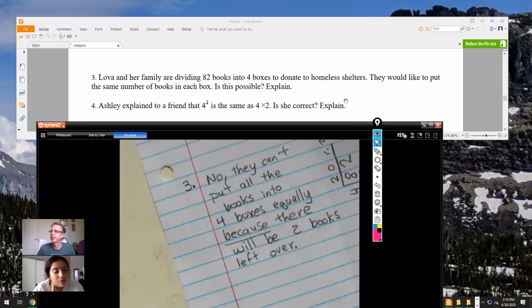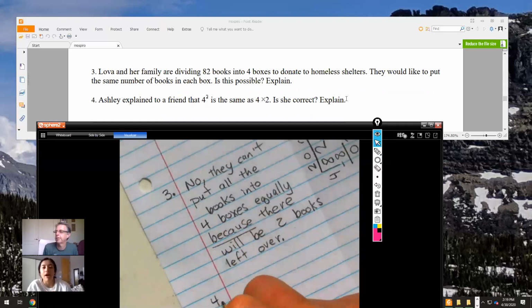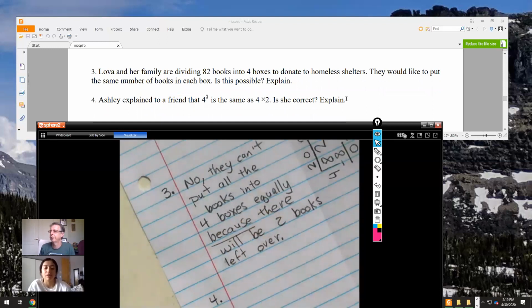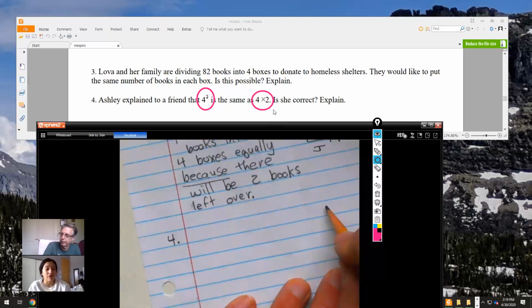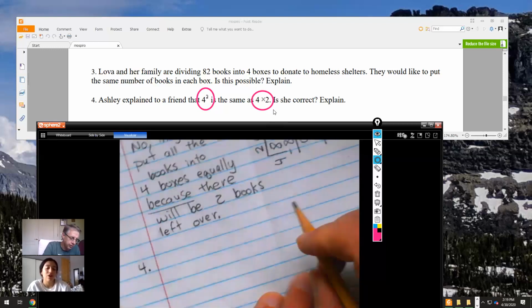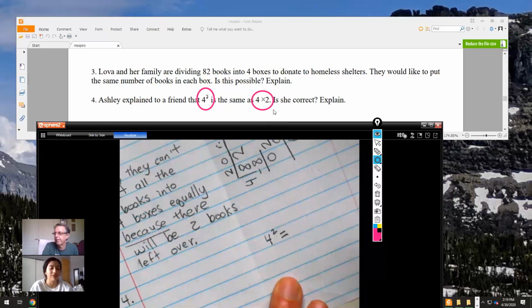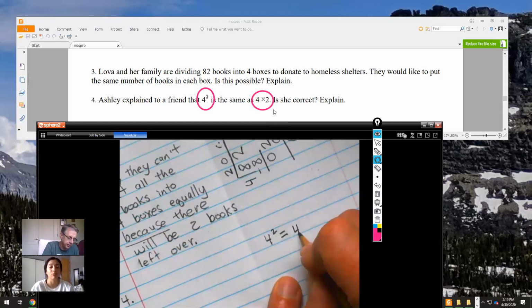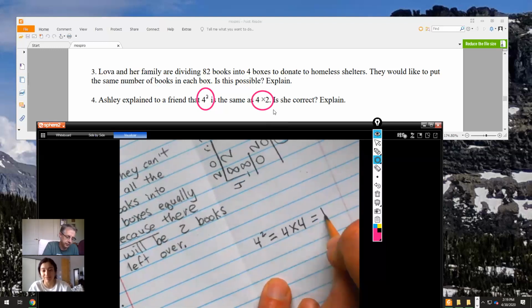Okay, so number 4 says, Ashley explained to a friend that 4 to the second power is the same as 4 times 2. Is she correct? Explain. So looking at this, it looks like that is not correct, because 4 to the second power is actually 4 times 4, which gives you 16.